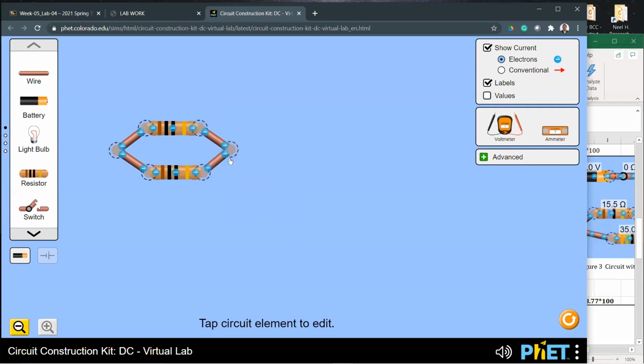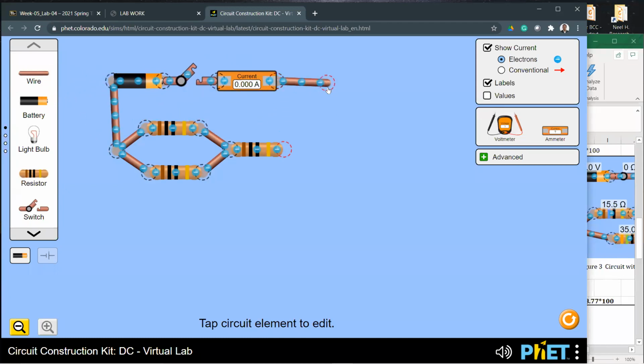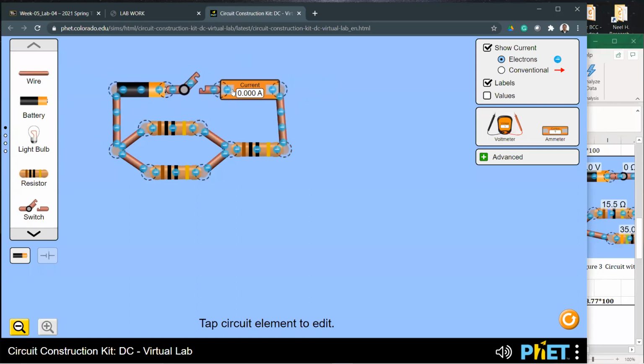Then let's bring the third resistor and put it in series. Let's bring a battery, a switch, and then I need an ammeter. Then these two endpoints should go to our circuit resistor connections like this. Okay, that's our new circuit.